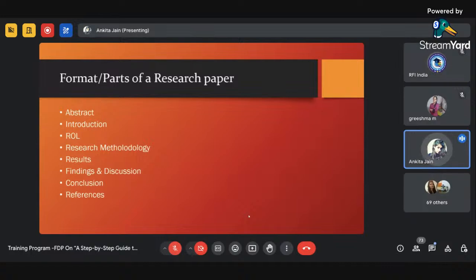Then the introduction, review of literature, research methodology, results, which we also call data analysis and interpretation, then findings and discussion, conclusion, and references. Whenever we are writing the introduction and review of literature, the references are supposed to come along with these two chapters.